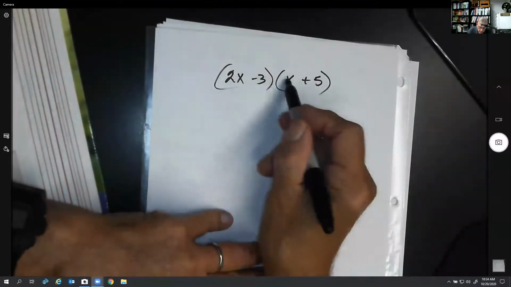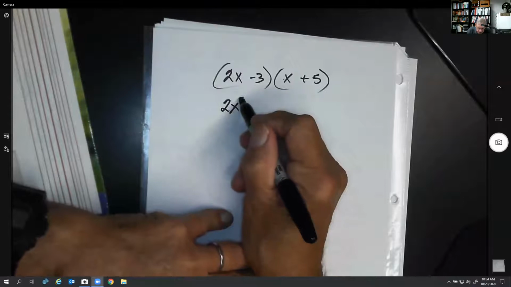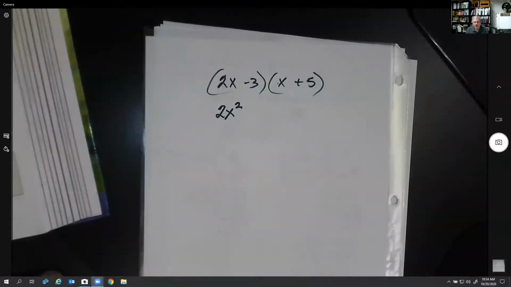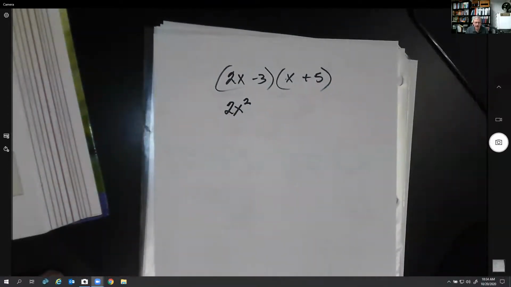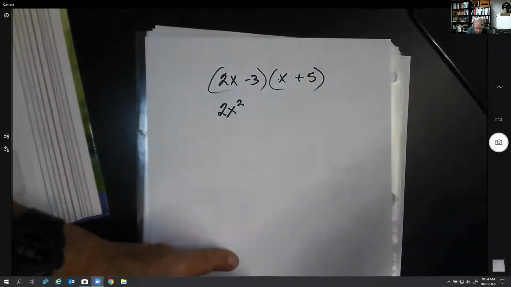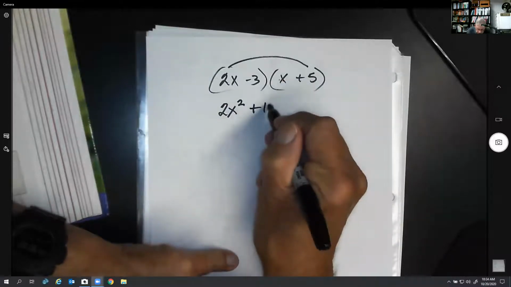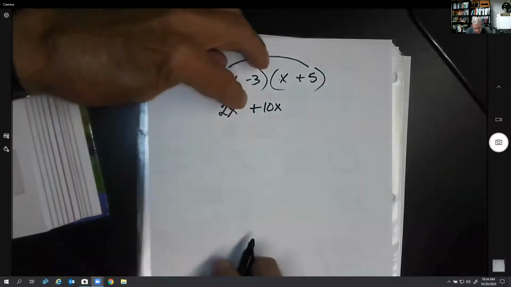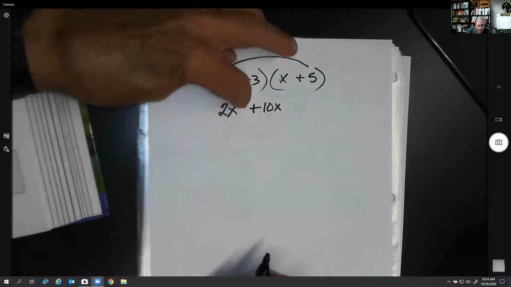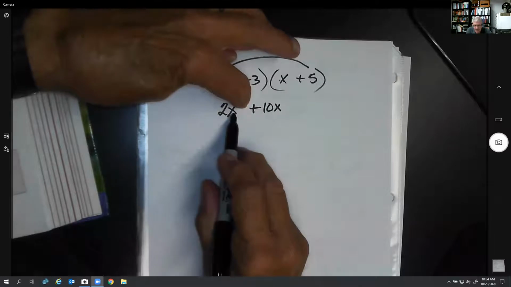So first times first. Now, one thing: usually when we're multiplying these, the first term is going to be a squared term. It's pretty common that you're going to have an x and an x, and then the outside term plus 10x. Because I don't know how many times I've seen this, maybe about 10,000 times in my lifetime, that they've written this as 2x instead of 2x squared.